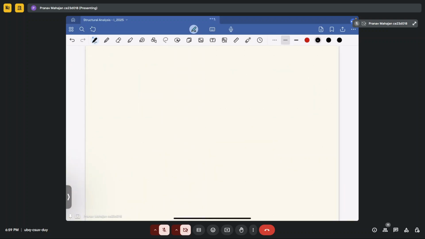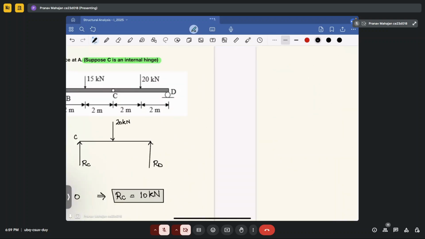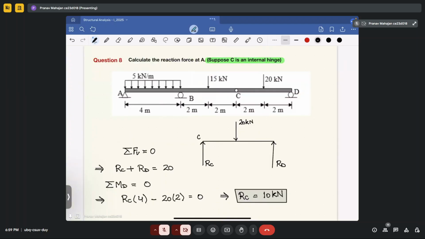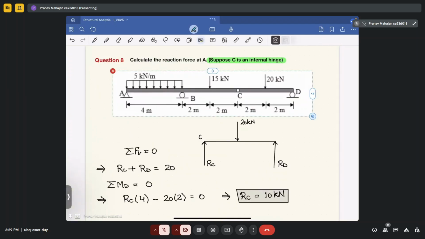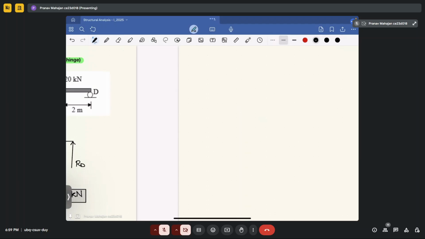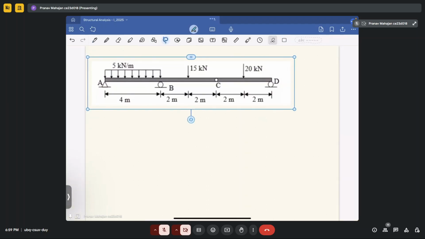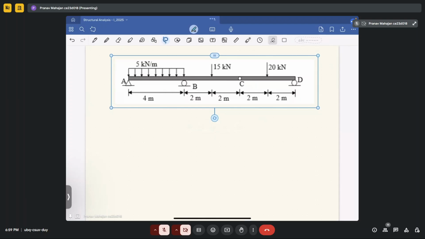Now if we take another beam section, that is this half section of the beam, let me draw this, or I will copy this diagram. Okay, so let's see, we have this beam.